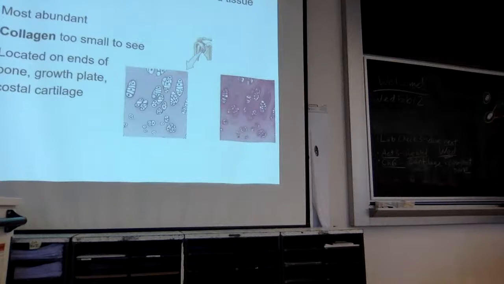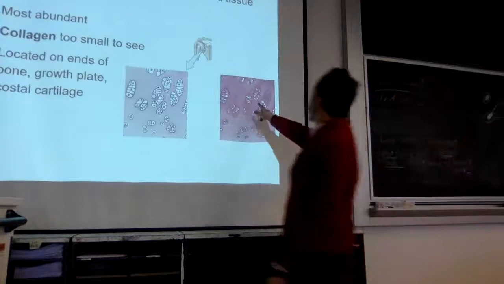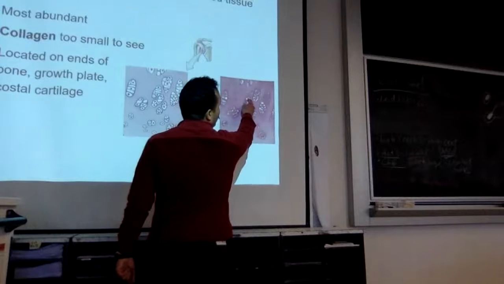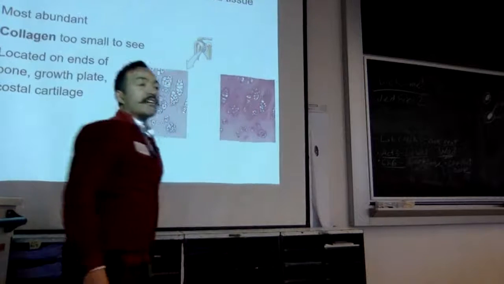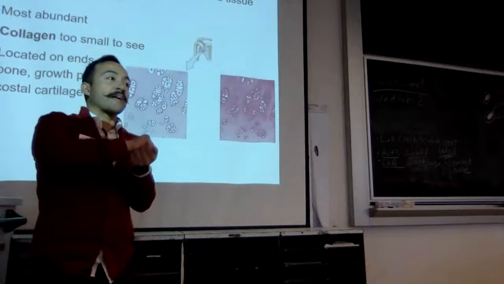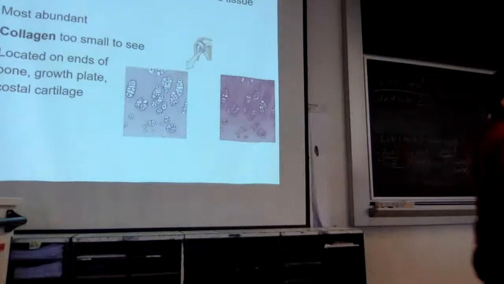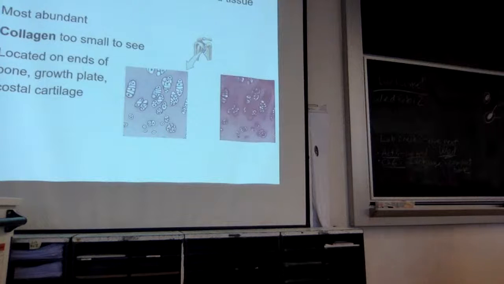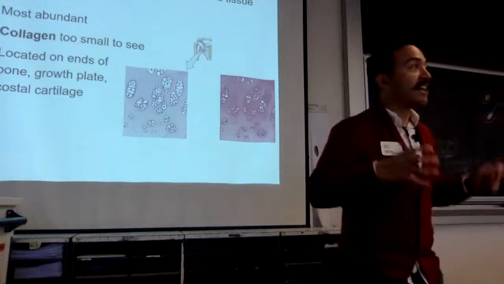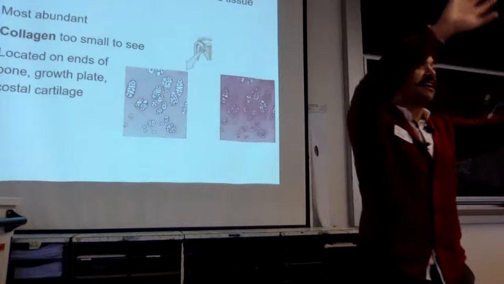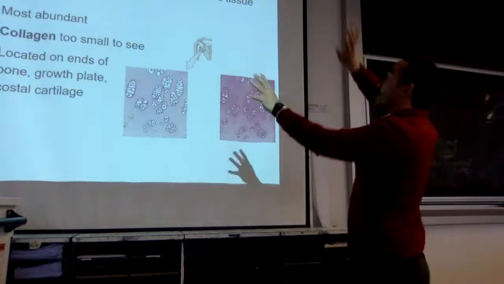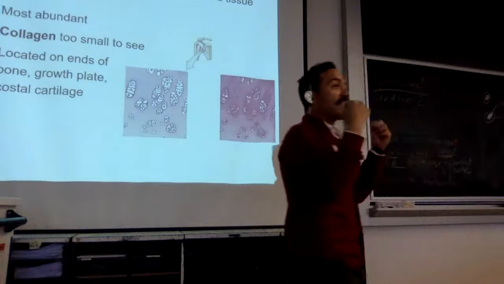The term for space is lacuna. So you see a bunch of cells with spaces. The cell is sitting in a space. Imagine if you're a chondroblast, you're building stuff. You're building extracellular matrix. So I'm a cell here, and I'm putting stuff up around me. Eventually, if I keep putting stuff around me, I'm going to encase myself.